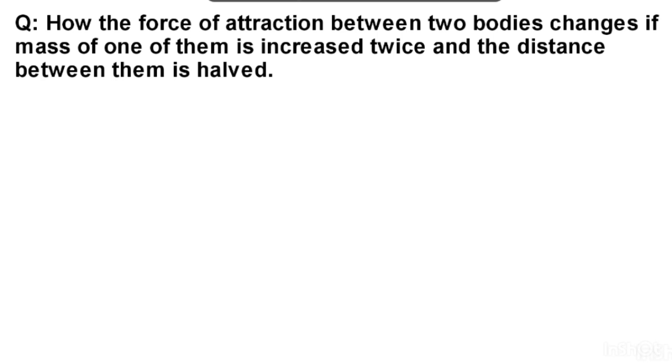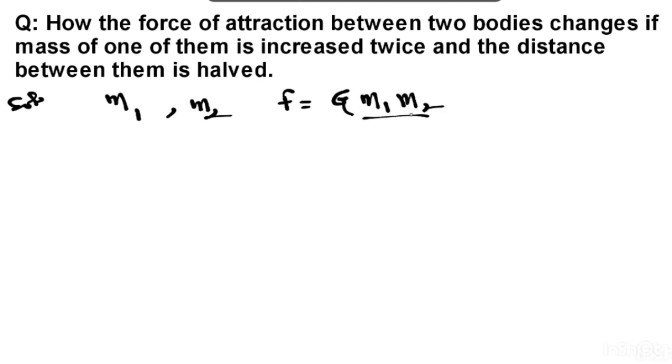For this, let us consider the masses of two bodies are m1 and m2, and the force of attraction between them is given by G m1 m2 by r square. Now the mass of one of these is increased twice and the distance is made half.